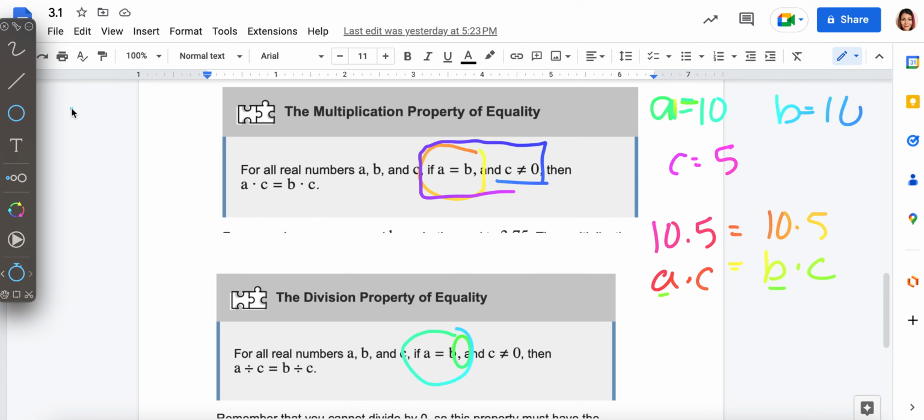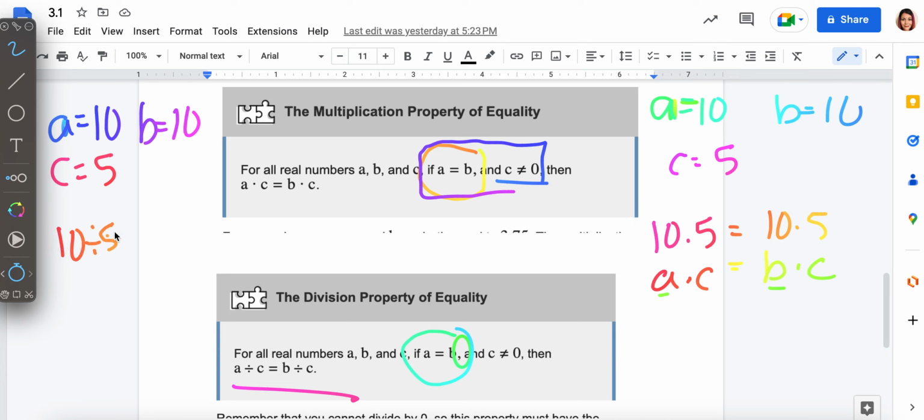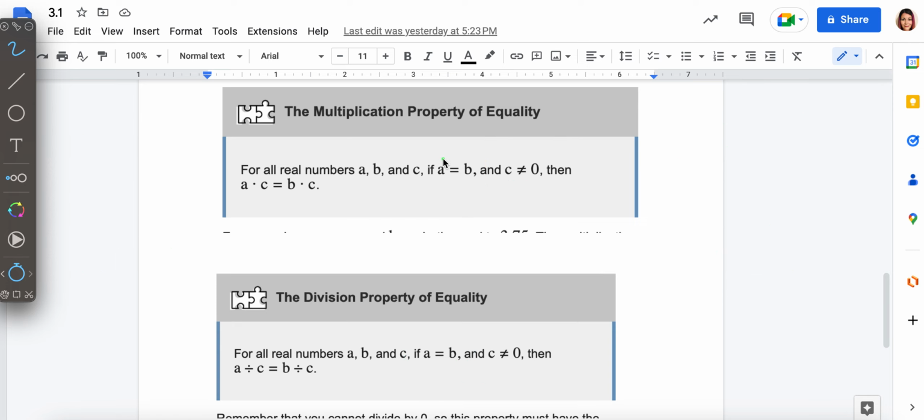But if we state A equals 10 and B equals 10, then it's saying A divided by C is equal to B divided by C, and C equals 5 again. A divided by C, 10 divided by 5, is equal to B divided by C, which is still 10 divided by 5. So those are our division properties.